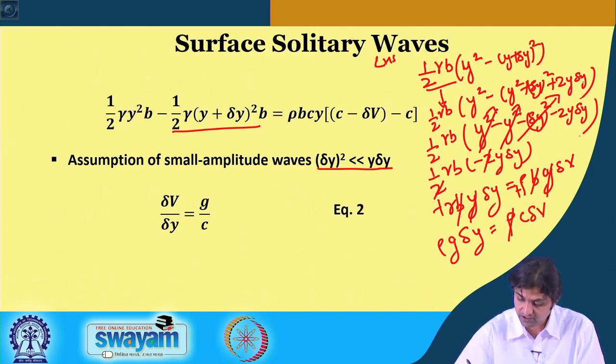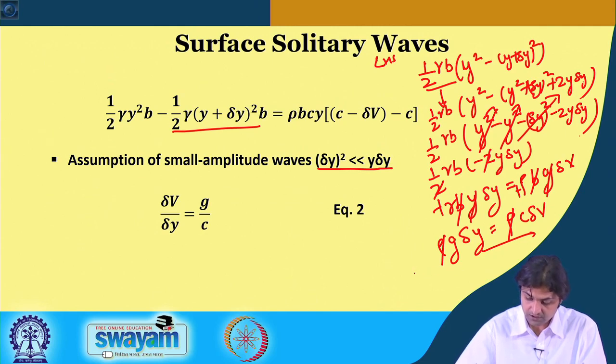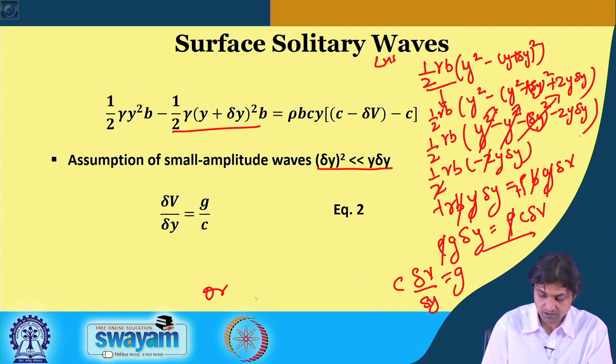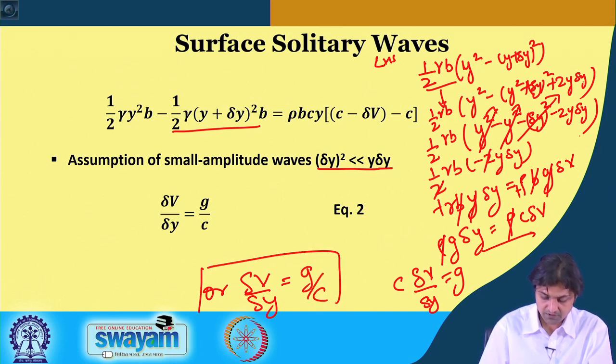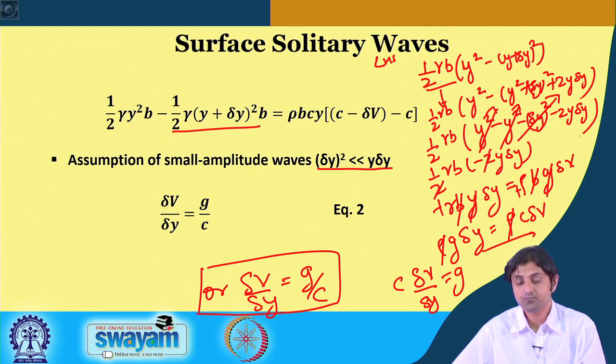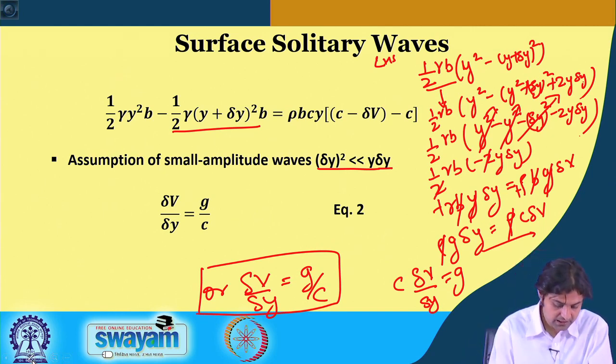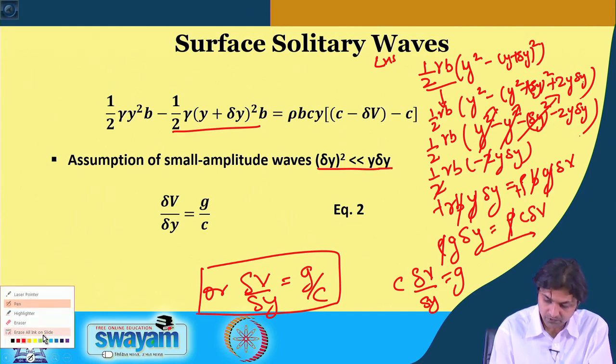Rho also cancels, so c delta v is equal to g delta y, or delta v by delta y is equal to g by c. We have derived this now, going step by step. We are not going to do this for every problem, but I thought it would be easy for you to follow. I will take down this ink now.